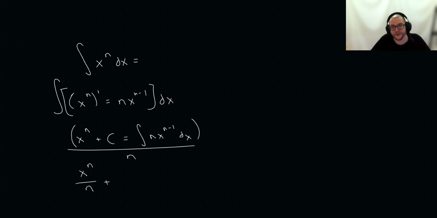You could maybe say c over n, but you might have seen before, when we have this undefined constant multiplying or being divided by some number, if you don't know what c is, then you also don't know what c over n is. So we just let it sort of eat the n, because it's simpler to write c for something I don't know. And we would get the integral of x to the n minus 1 is this.